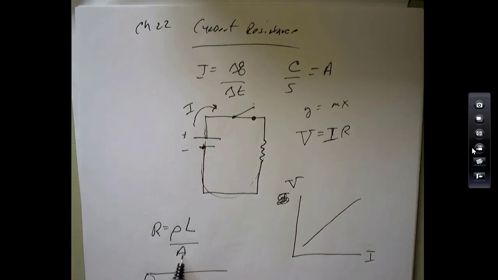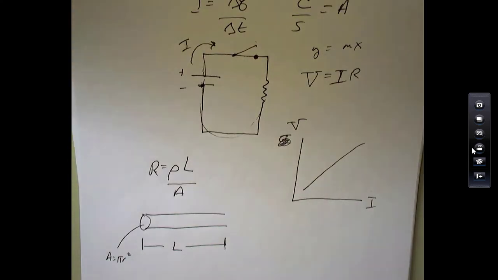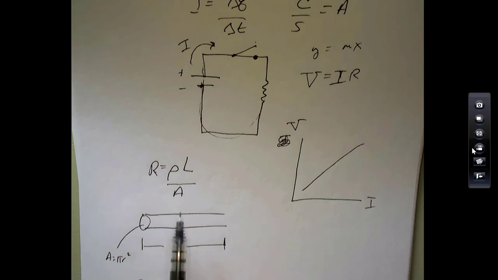The thinner the wire, so the smaller the cross-sectional area, the bigger the resistance. The area is pi r squared for a typical round wire, and rho is the resistivity, measured in ohms times meters. Depending on what it's made out of, the value of the resistivity changes.